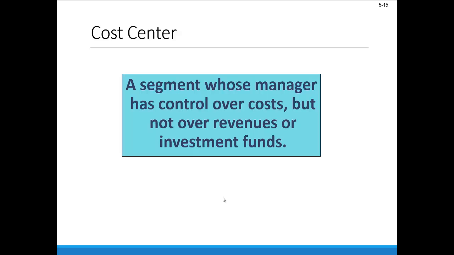So in an organization, that would be all the support functions: information technology, legal, finance, human resources, facilities, all those types of things. Again, very crucial to running the business. They don't generate any revenue though. And managers in those cases a lot of times don't have the ability to expand operations or make capital investments. So they're really just a cost line.